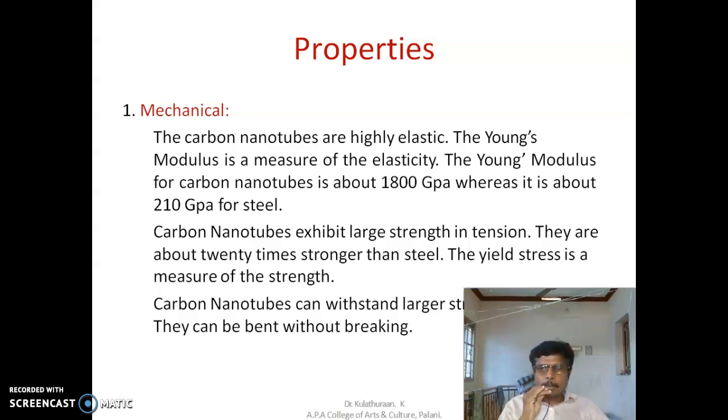Carbon nanotubes exhibit high tensile strength, and they are about 20 times stronger than steel. The yield strength is the measure of this. Carbon nanotubes can withstand larger strains than steel, and they can also be bent without breaking.